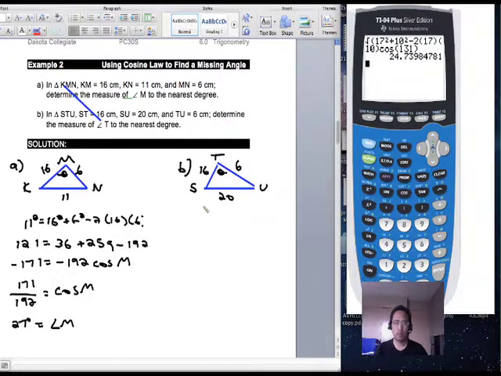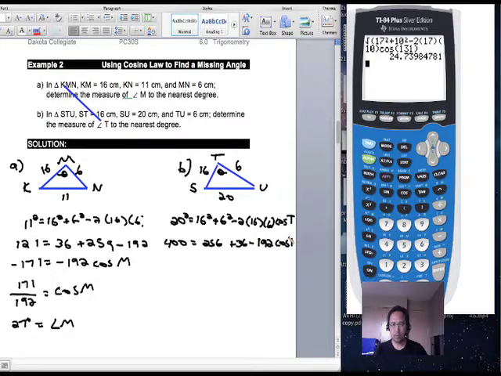Similar situation, three line segments, no angles, so you know it's going to be a cosine law. 20 squared is going to be equal to 16 squared plus 6 squared minus 2 times 16 times 6, and I'm running out of room, cos T. 400 is going to be equal to 256 plus 36 minus 192 cos T. So we'll add these together and subtract them from both sides.